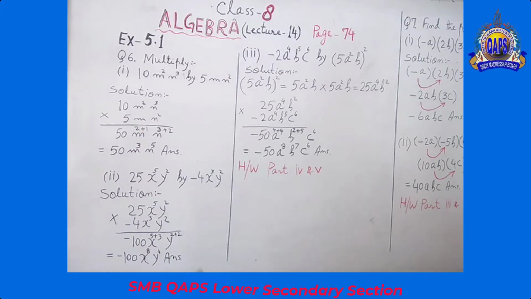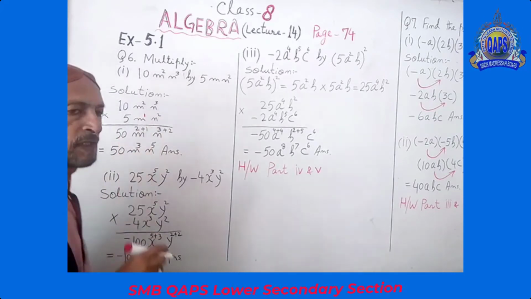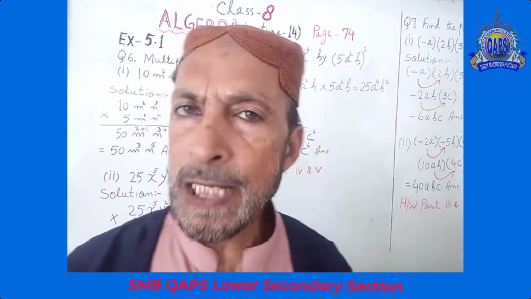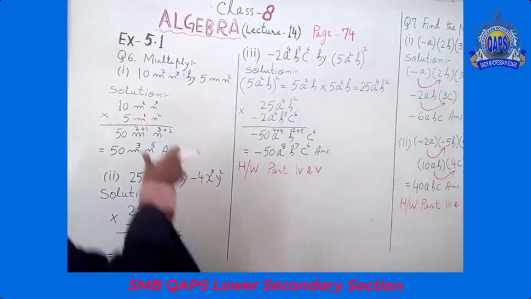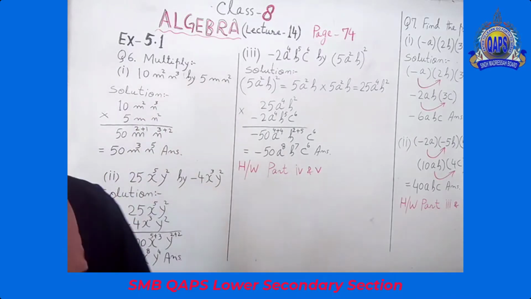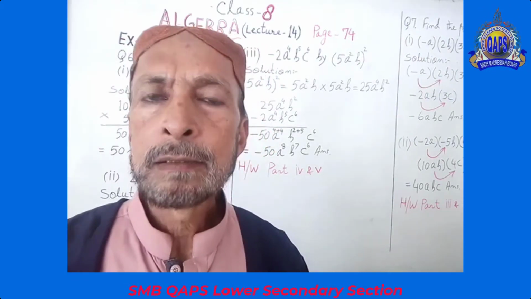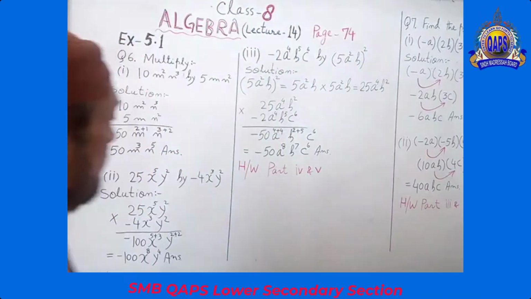As you know that we have m power 1 over here, but we do not write. Understand what I am saying? This is m power 1, but we do not write power 1. When we multiply, the powers will be added.